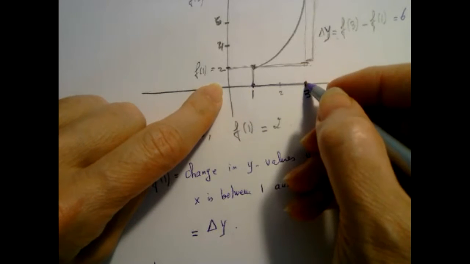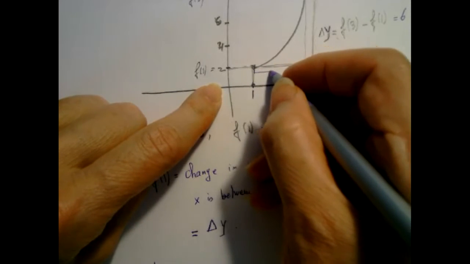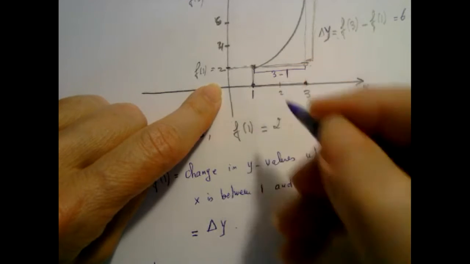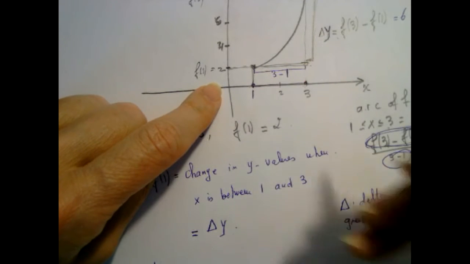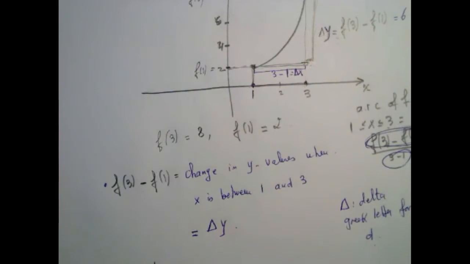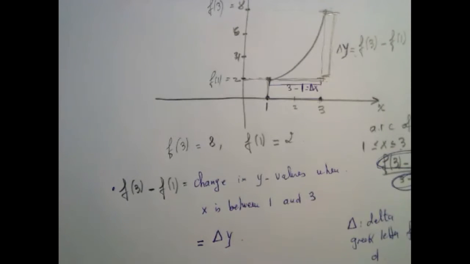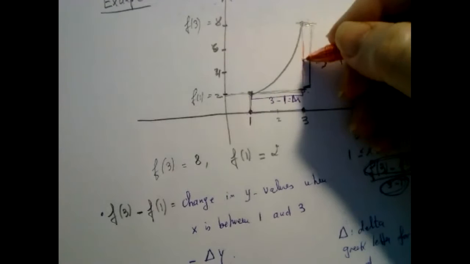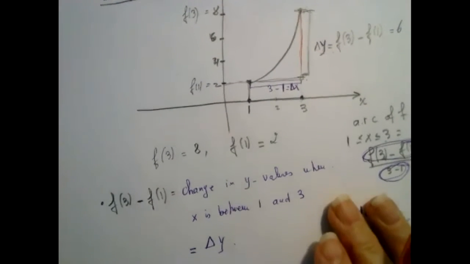So the horizontal distance from here to here is the 3 minus 1, and this is what we call delta x. So the denominator in the average rate is how much your x changes, and the numerator is how much your y changed.